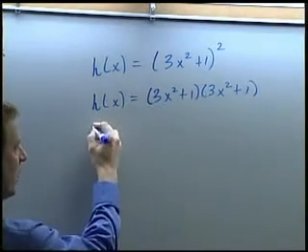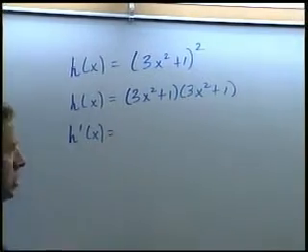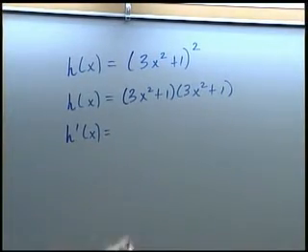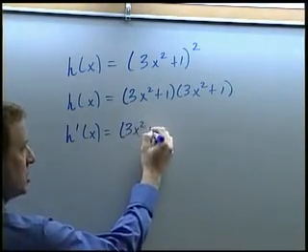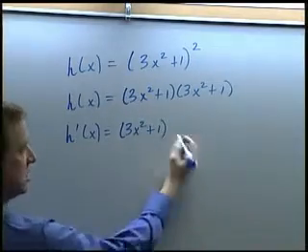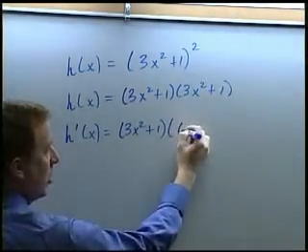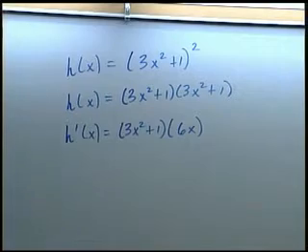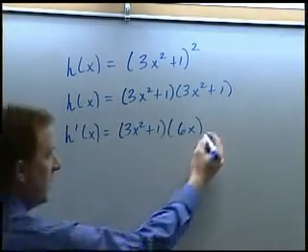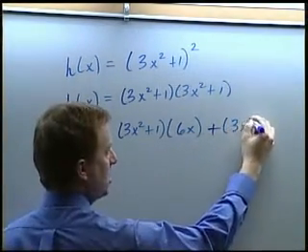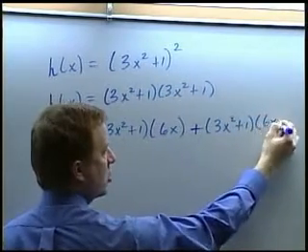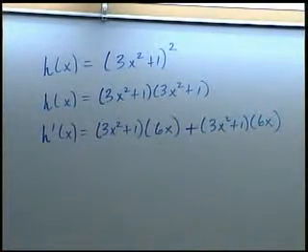All right, if we were going to take this derivative using the product rule, here's what it would look like. We would take the first component of the product times the derivative of the second component, which happens to be a 6x. Then we would add on the second component times the derivative of the first, which again happens to be a 6x. We basically have two of the same things here.